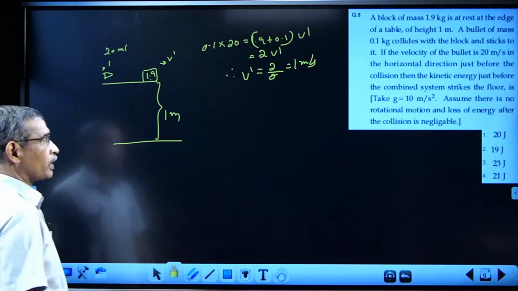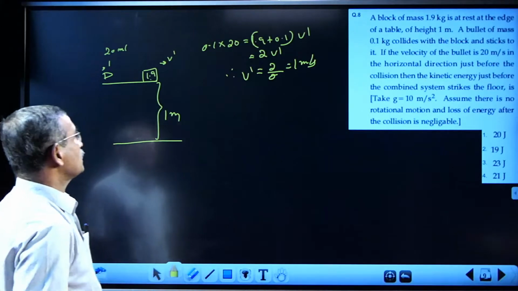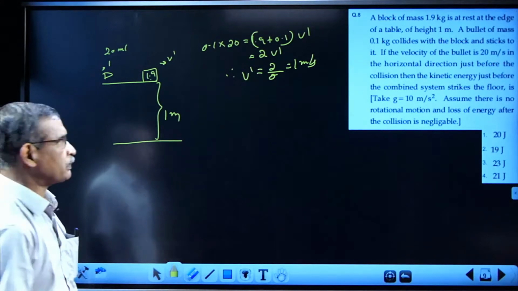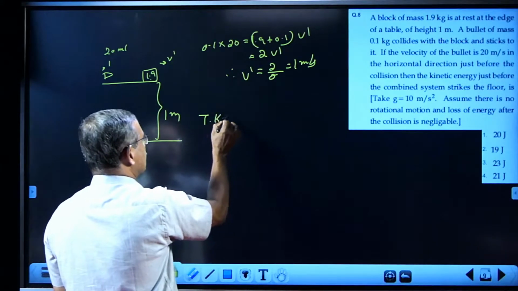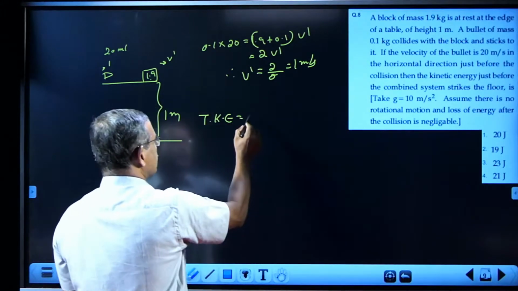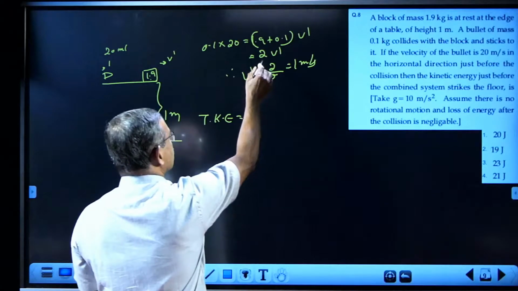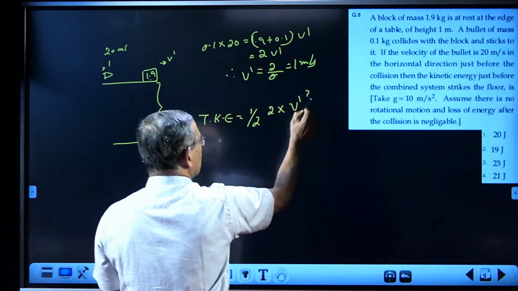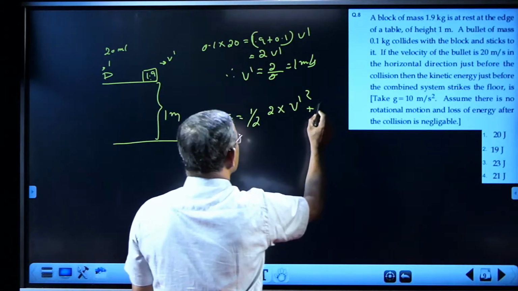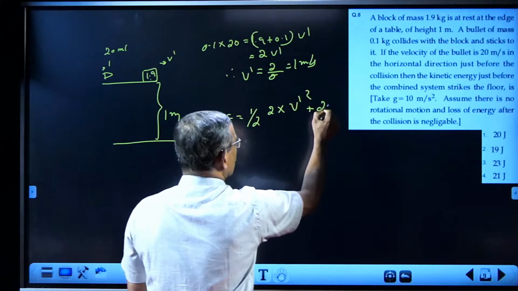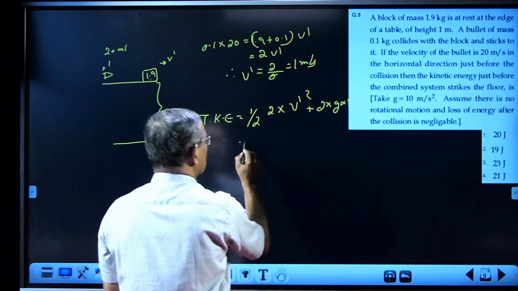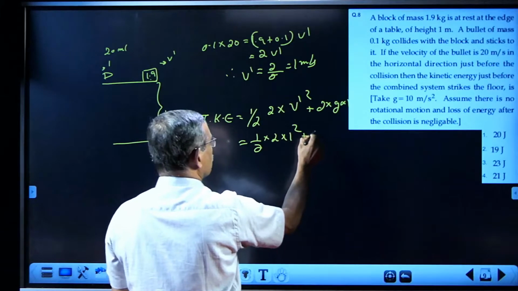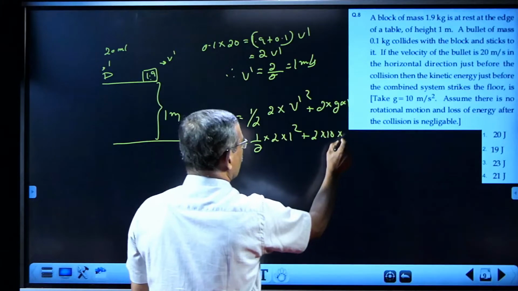And therefore, on reaching the ground, what is the total kinetic energy? It is the initial kinetic energy plus the gravitational potential energy converted into kinetic energy. Therefore, total kinetic energy on reaching the ground is half total mass 2 into v dash squared plus mgh, that is half into 2 into 1 squared plus 2 into 10 into 1.